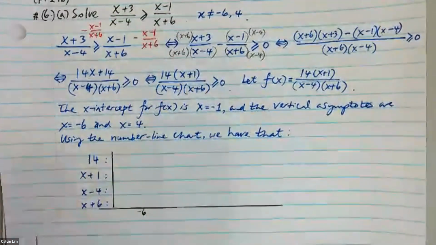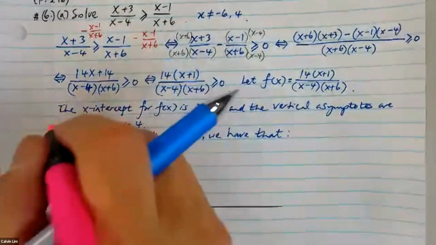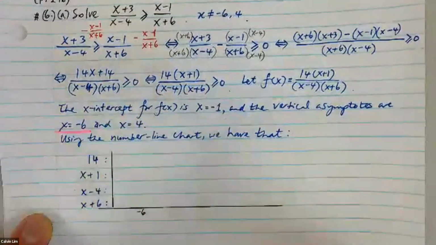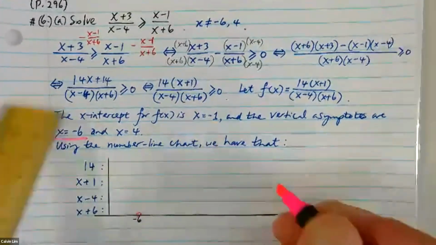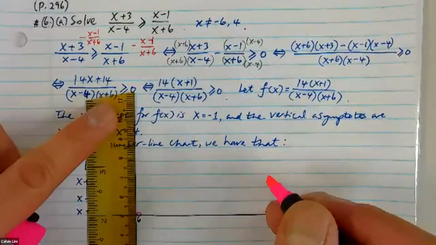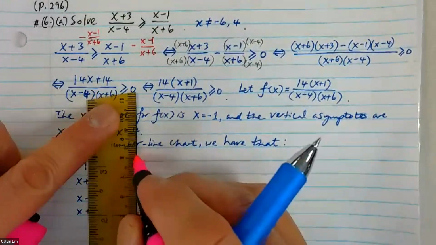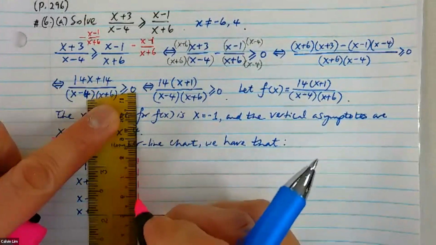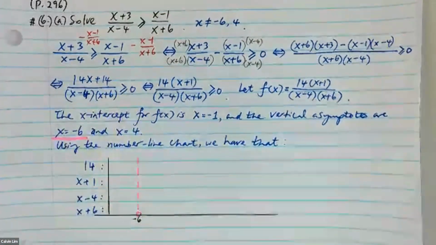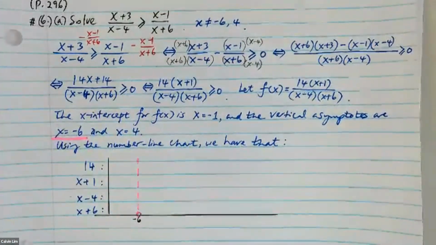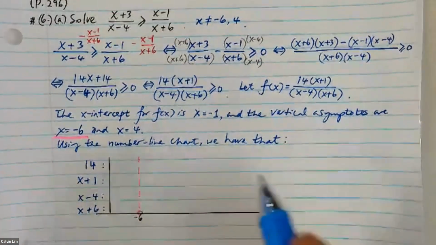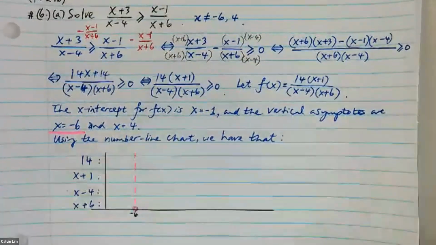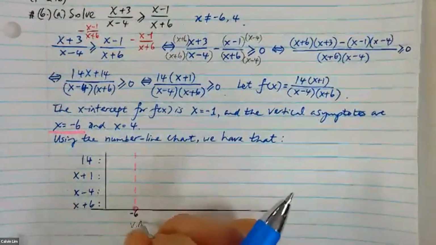Note that this is a vertical asymptote, so I would use an open circle so that you're not inclined to include it, since you're solving an inequality involving equals, greater than or equal. And I like to use dashed lines to remind me that this is a VA.